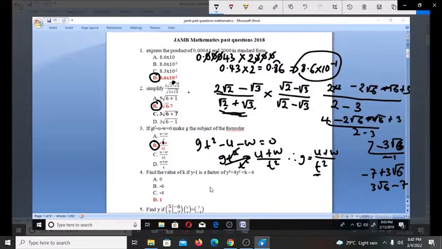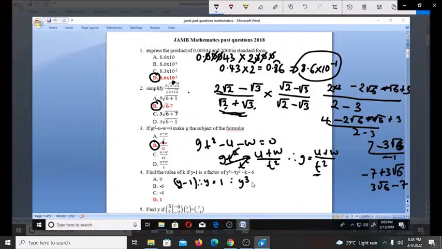Now for this number 4 question, we have find the value of k if y minus 1 is a factor of y to power 3 plus 4y squared plus k minus 6. Whenever you're told that y minus 1 is a factor, it simply means that y is equal to 1, because you take this to the other side, it becomes 1.